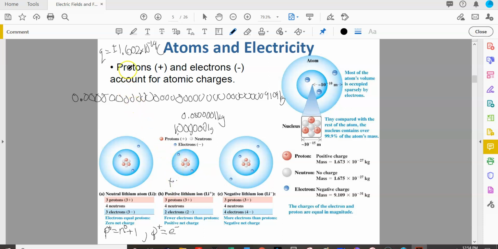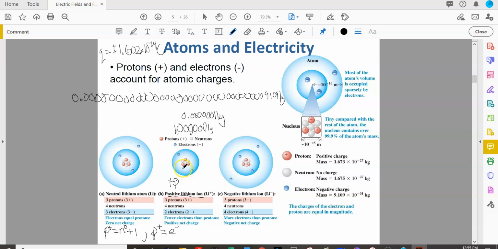It's now got an overall net charge of positive 1.602 times 10 to the negative 19th coulombs, right? So this has 1 extra proton than electron, okay? So it's in a state of imbalance, and this is also called a positive lithium ion. So a positive lithium ion has more protons than electrons, okay?